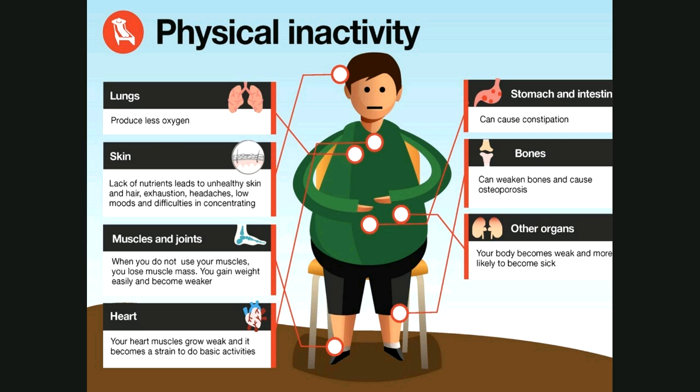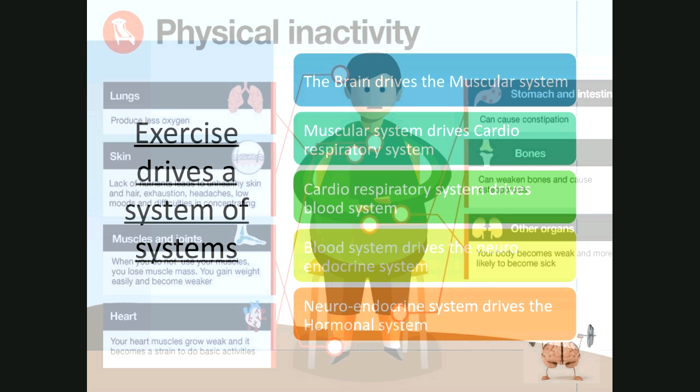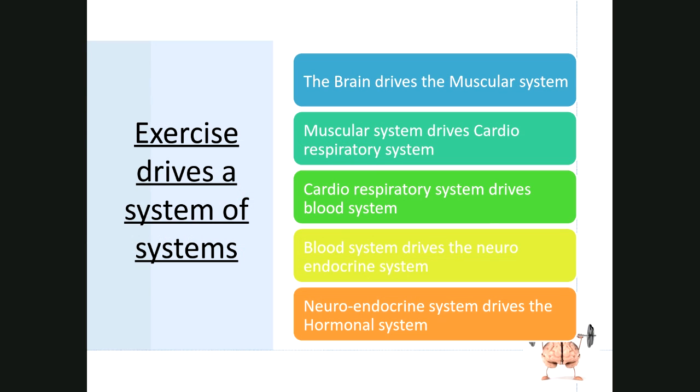Also if we're not doing regular exercise, you can become constipated. Our bones require impact, otherwise we can get things like osteoporosis. And all your organs basically are made better by exercise through this system of systems. So that's why it's important. It's driving that system of systems, as I've said.